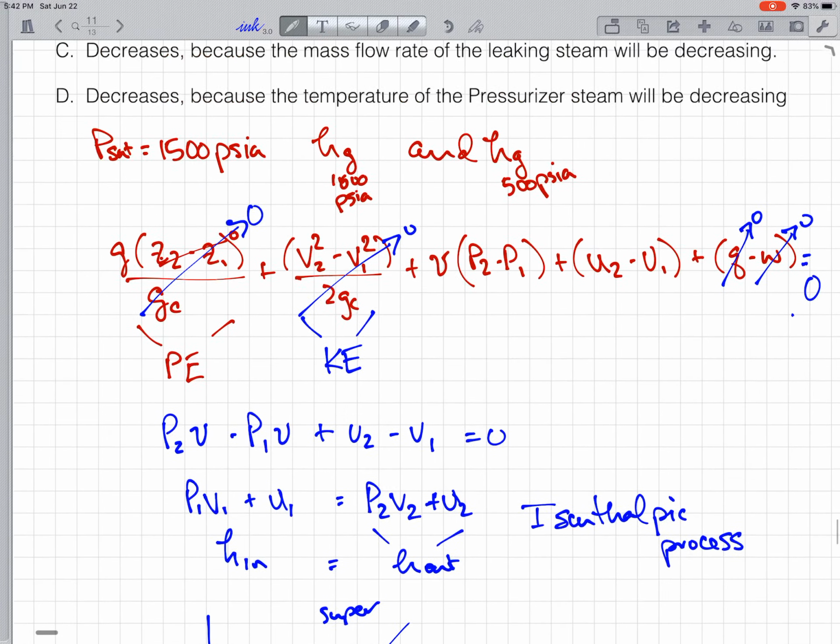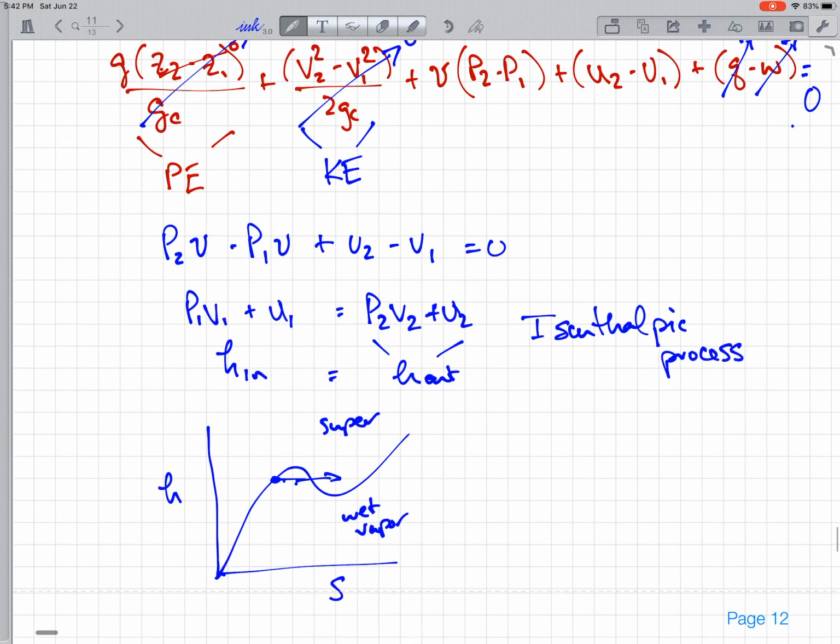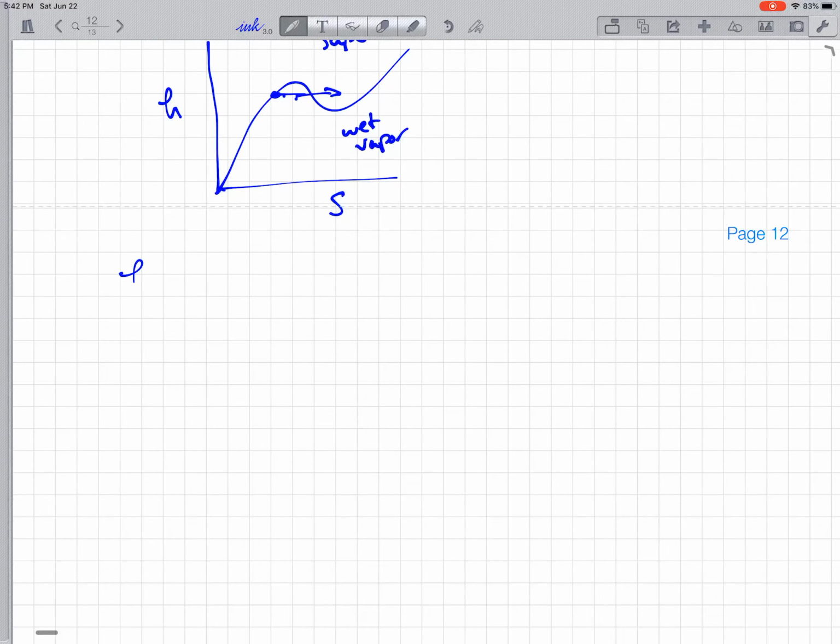All right, so first we're going to figure out the enthalpy at 1,500 pounds. Enthalpy at 1,500 pounds is going to be enthalpy G at 1,500. So if you look on page 20 of your steam tables, it's going to be the superheated steam. I'm going to recommend that you use that.